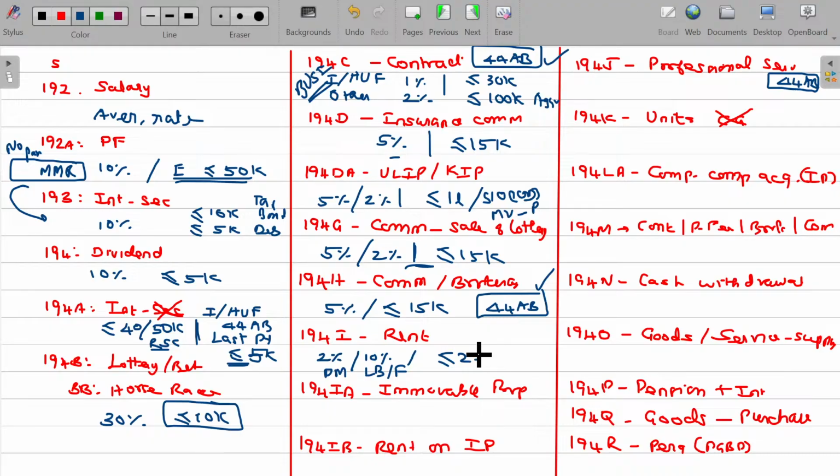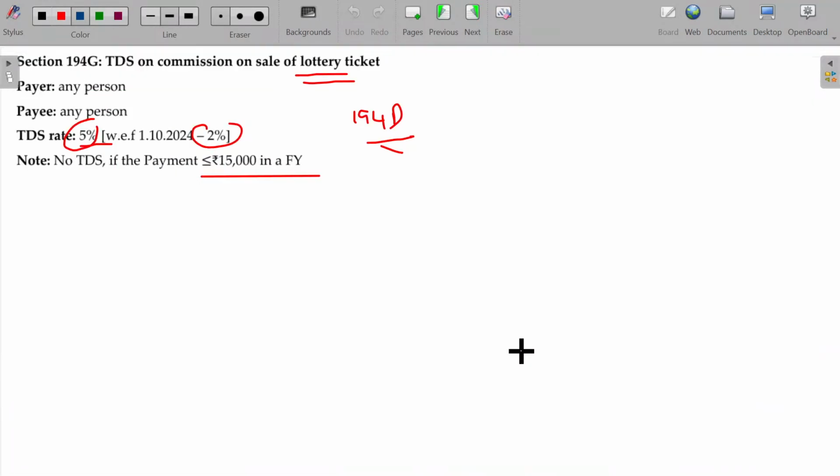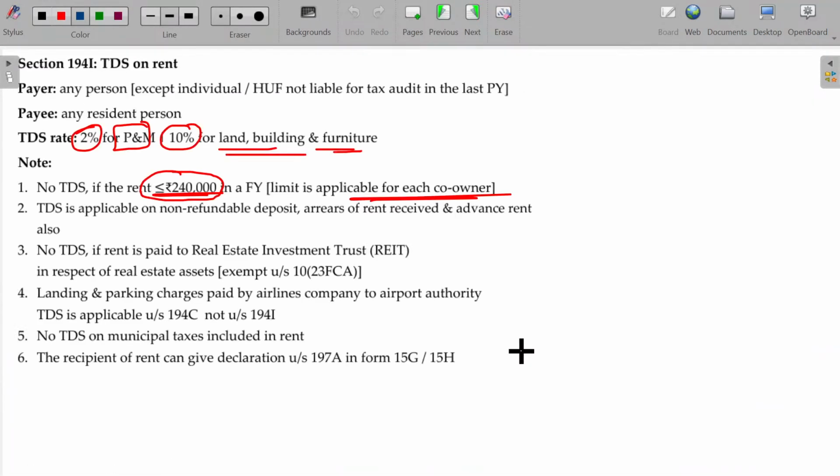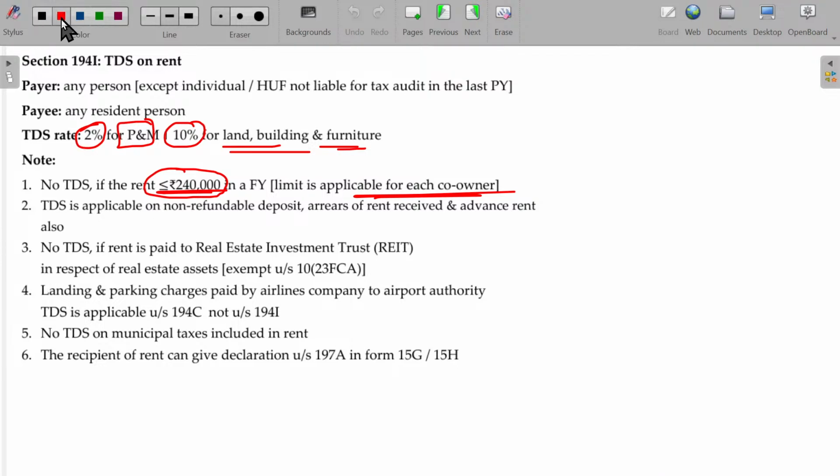Less than or equal to 2.4 lakhs per annum is exempted per owner. Okay, per owner. Predominantly related to business.